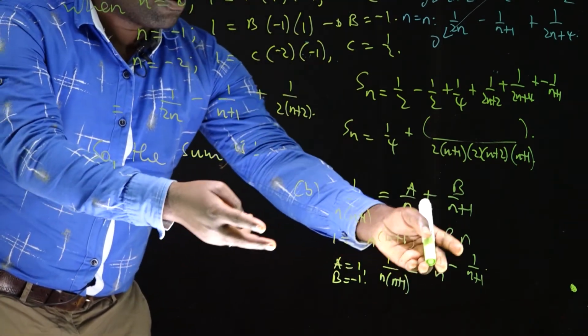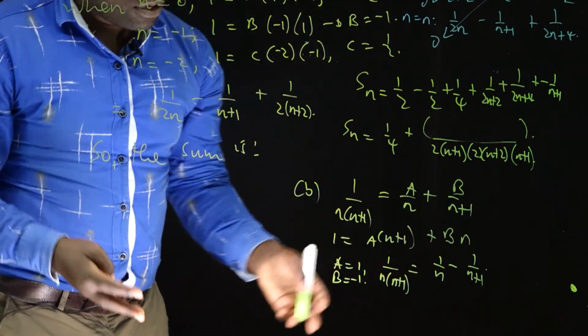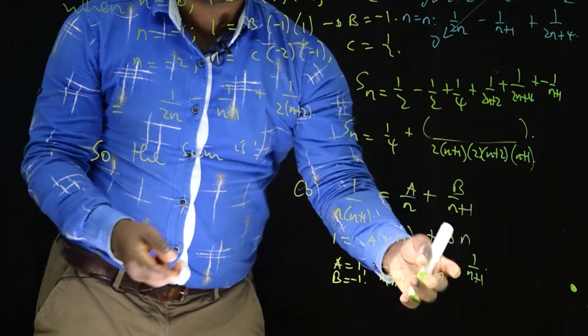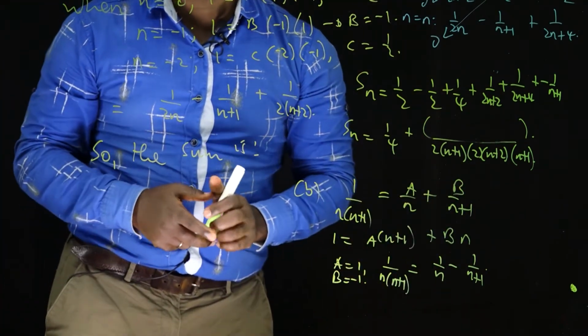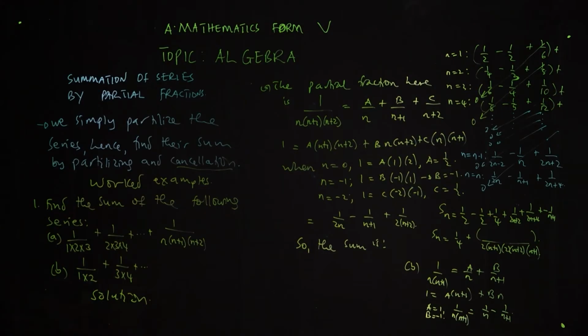We will simply now go to find the sum. Now let us check how the sum will work. Okay, let's look now at our question. We have already partialized it.